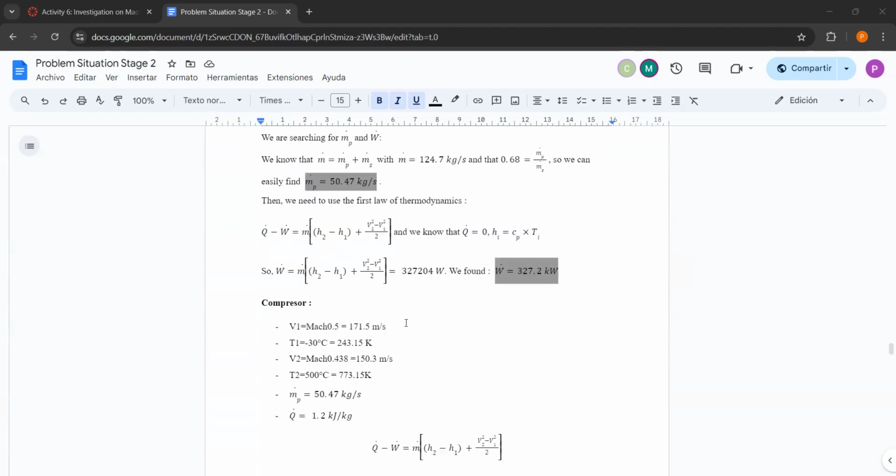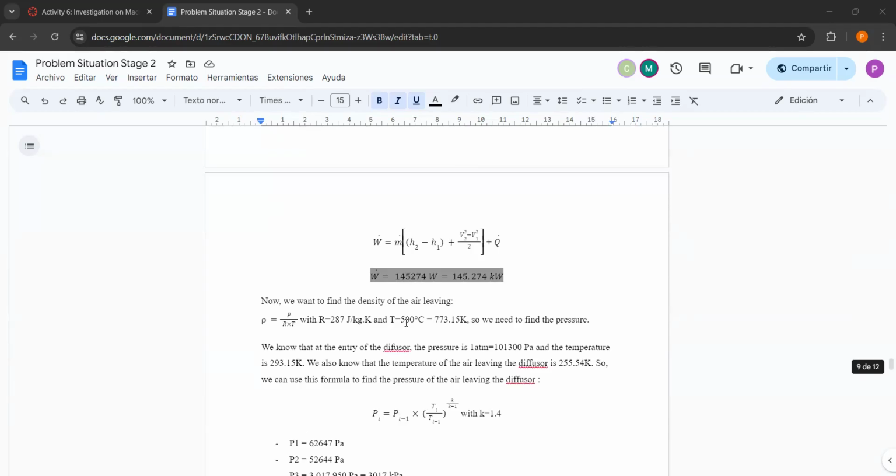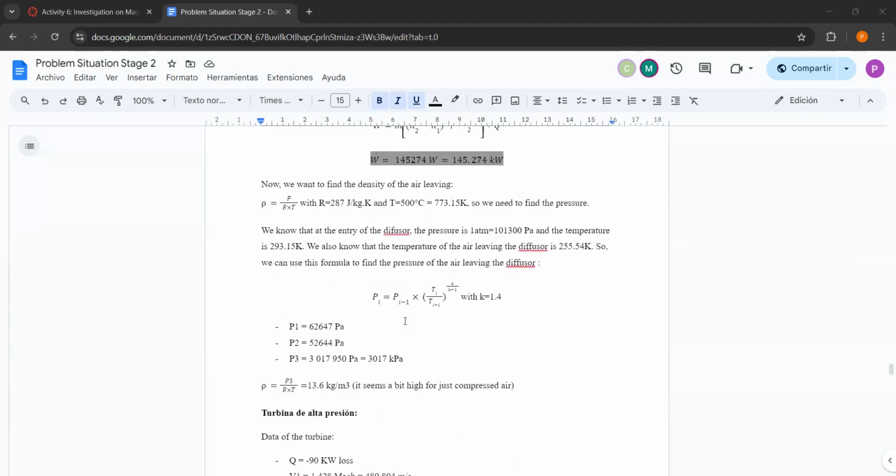And then with the compressor, we use mainly the velocity and the difference of enthalpy to find again the work done, which is 145 kilowatts. We work a bit on the pressure, but the calculation didn't go well, so we couldn't find the real density at the end because 13.6 kilograms per cubic meter is a bit high for just compressed air.